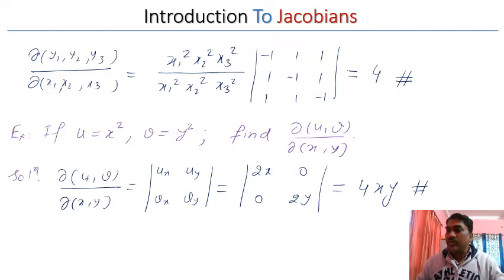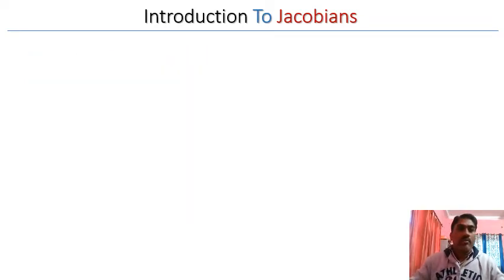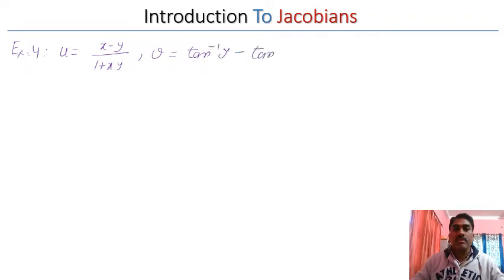Now we will take a more sophisticated question. This is our example 4. If u is given by x minus y by 1 plus xy, and v is given by tan inverse y minus tan inverse x, then find the Jacobian of uv with respect to x and y.